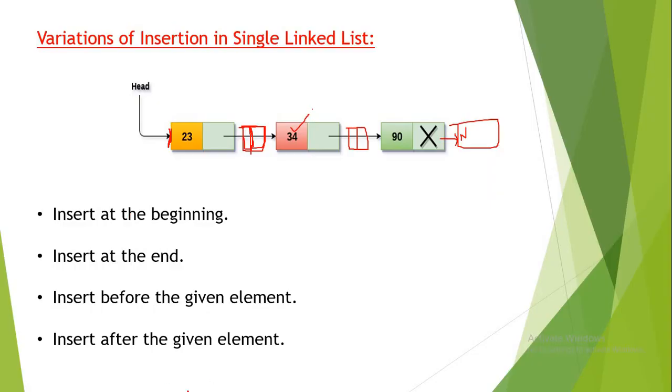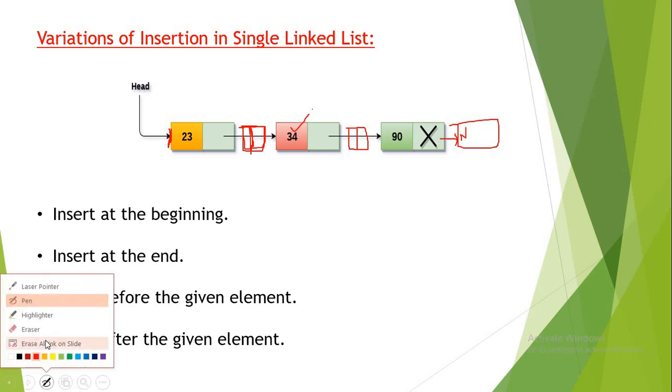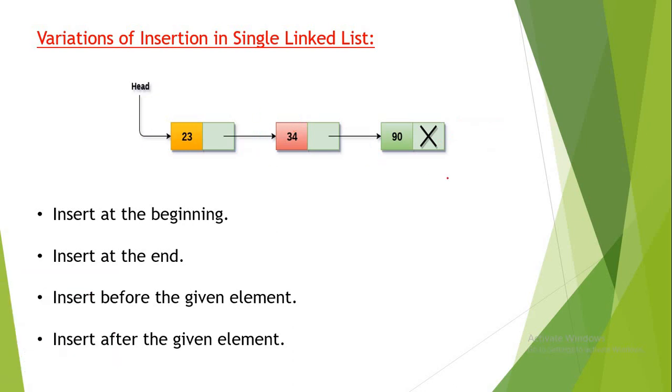Next is inserting after the given element. So consider this is my linked list. If I need to insert after this element, I need to search for this element first.